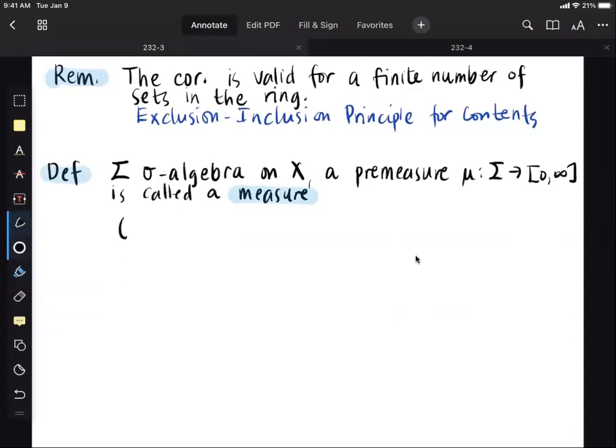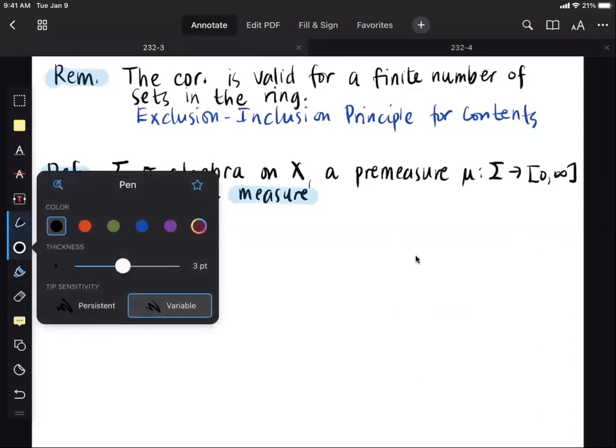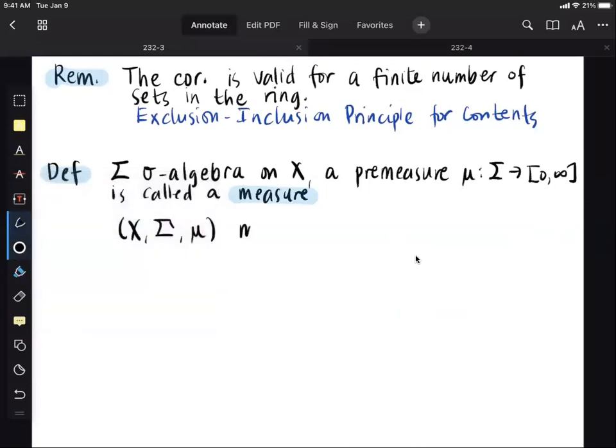And in this case, the triple, the set X, the sigma algebra on X, and the measure on X defined on the sigma algebra will be called a measure space. So X here is our ambient space. Sigma is the collection of subsets that we can assign a measure, and mu is the corresponding numerical measure.